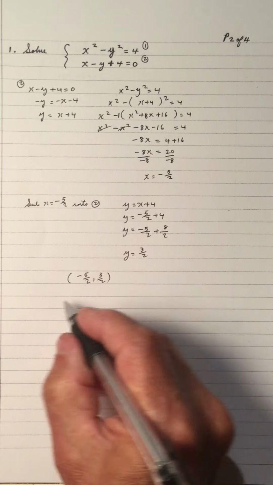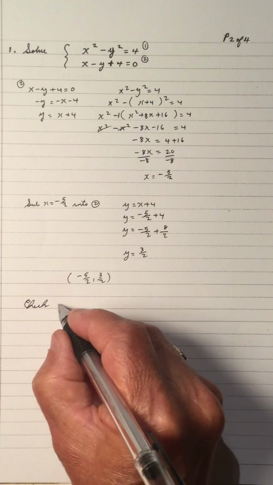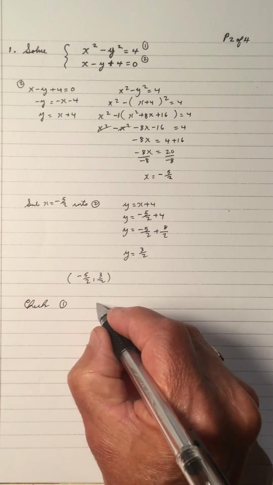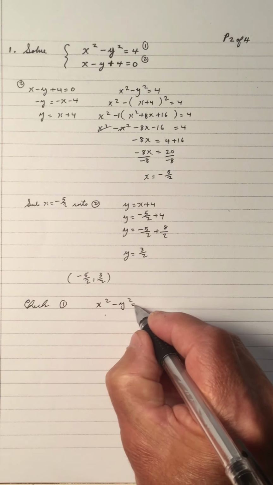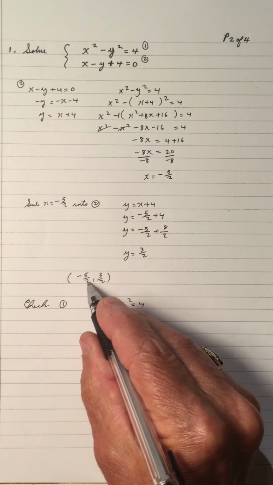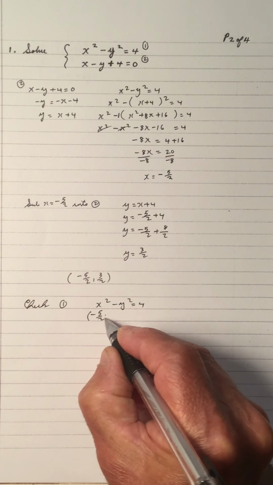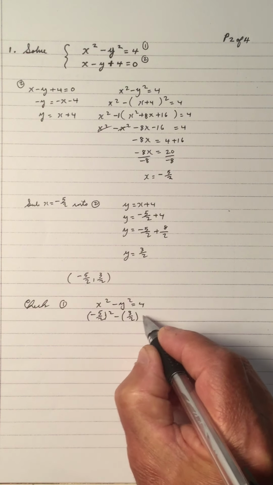And to check this, we're going to sub the point into number 1. x squared minus y squared equals 4 is equation 1 right here. So I'm going to sub x is negative 5 over 2, y is 3 over 2.